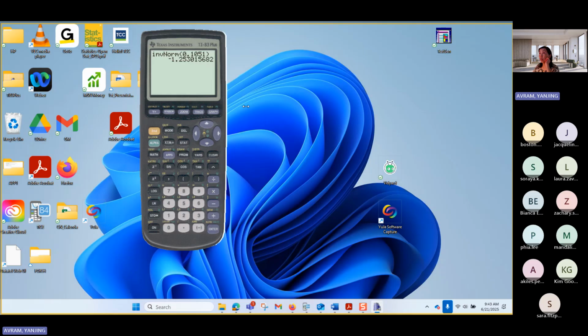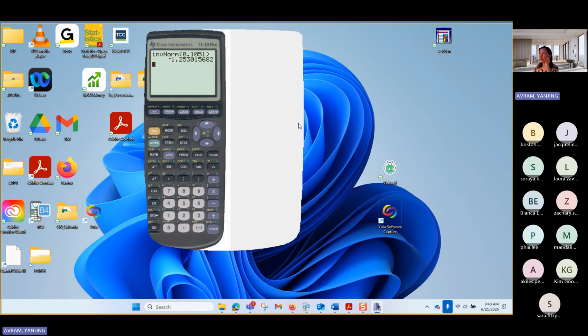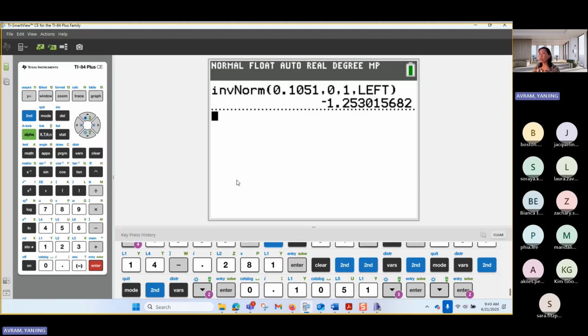So that means you don't have to buy a new calculator. It still works, all right? You just don't have a nice interface, but it still works. This is only giving you one choice, it's always area to the left. I just want to show you this so you can see the difference in the interface.